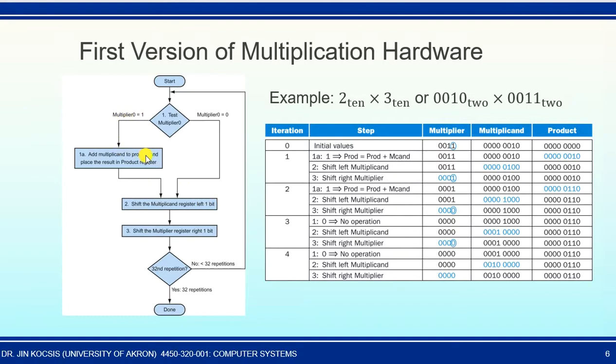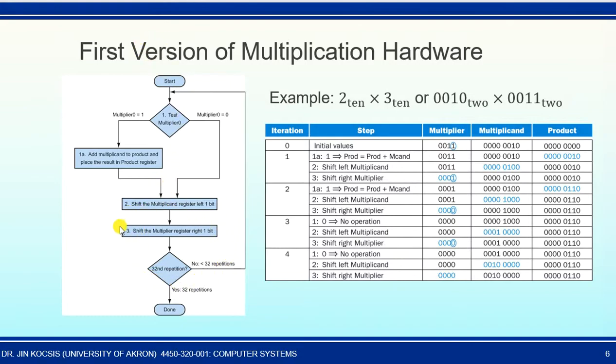If it's 1, I will copy the multiplicand and make sure that the multiplicand is aligned with the position of the corresponding digit of the multiplier. And then I will shift the multiplicand to the left by 1 bit. After that, another quite straightforward step: I will shift the multiplier to the right by 1 bit, and I will repeat 32 times.